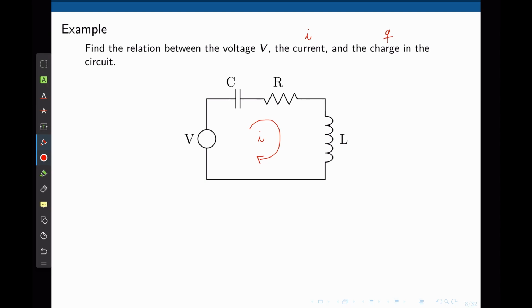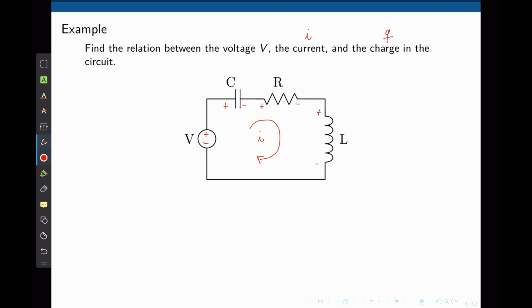Now applying Kirchhoff's law, we know that the sum of all voltages here is 0. Because the potential in this source here is positive and negative, and all other potentials are positive and negative in the opposite direction like that, we know that negative V plus the voltage across the capacitor plus the voltage across the resistor plus the voltage across the inductor is 0.